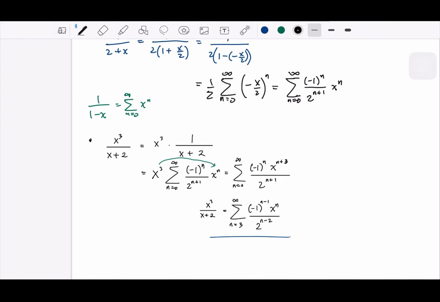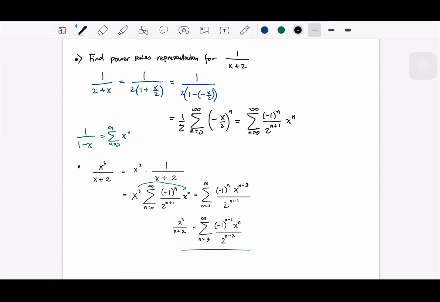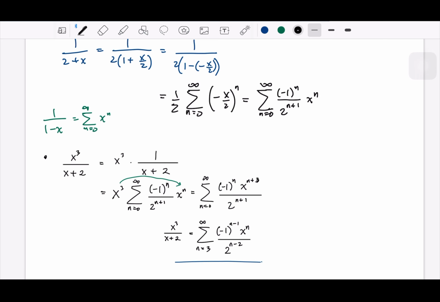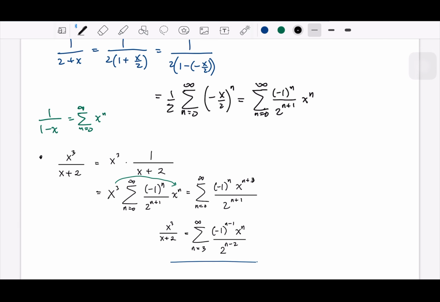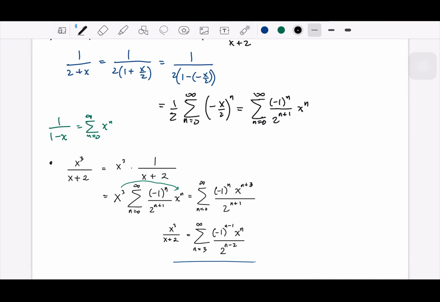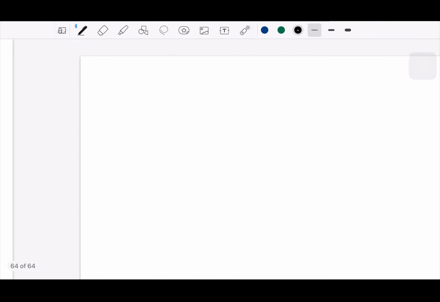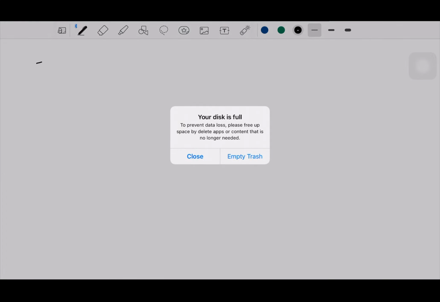Okay, so the next section is still representation, but it will be a little bit more complicated because we are using derivatives and integrations. Okay, let me write the theorem.